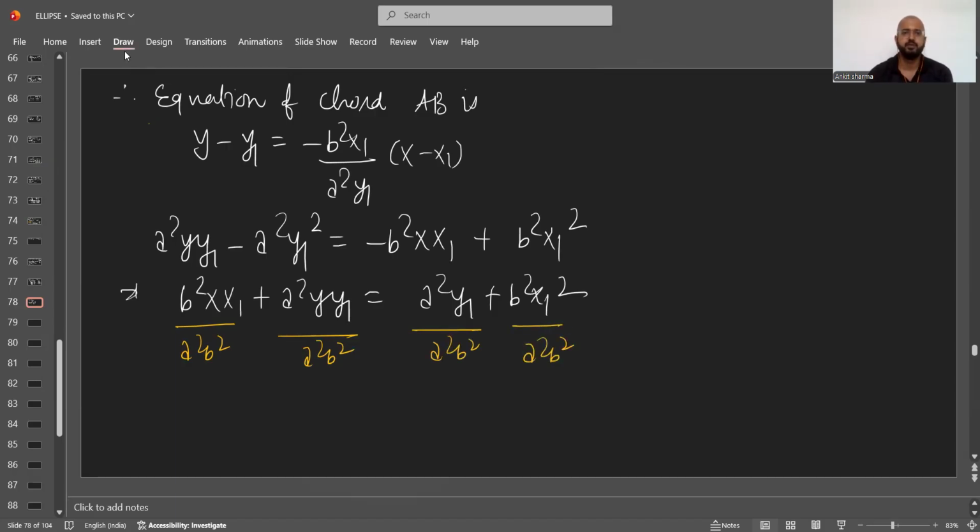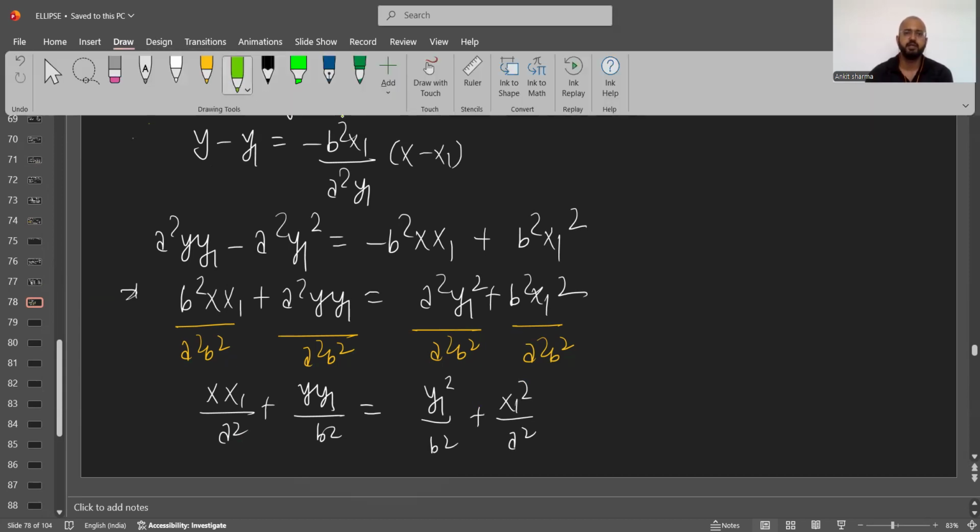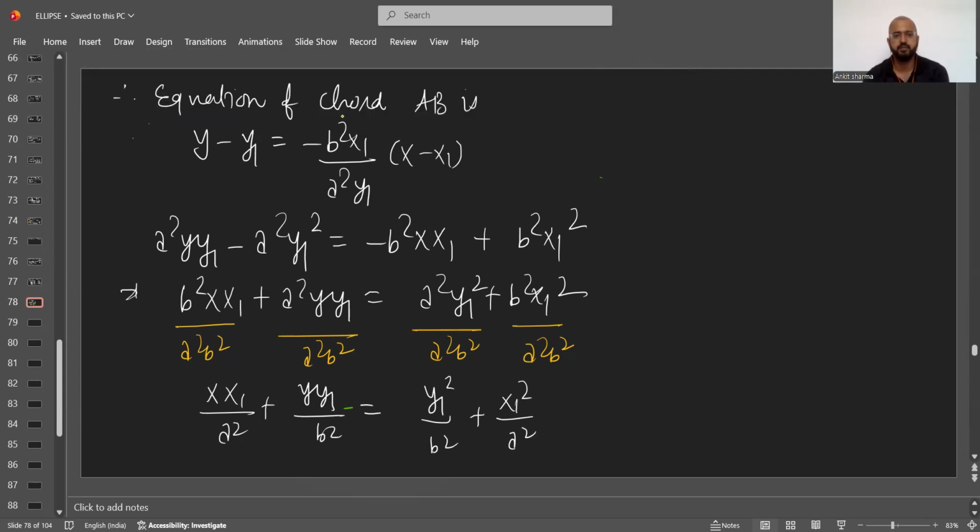Then most of the things remain familiar to us. b square gets cancelled and I'm left with x x1 over a square plus, here a square gets cancelled, y y1 over b square is equal to y1 square over b square plus x1 square over a square. Now if I just write minus 1 here, then this equation brings more meaning.